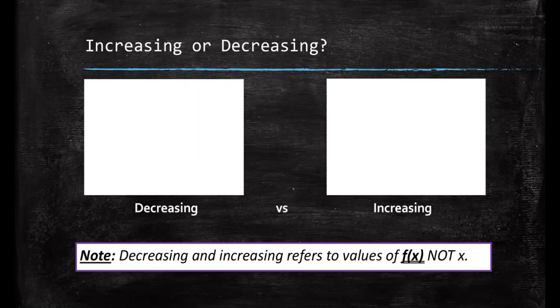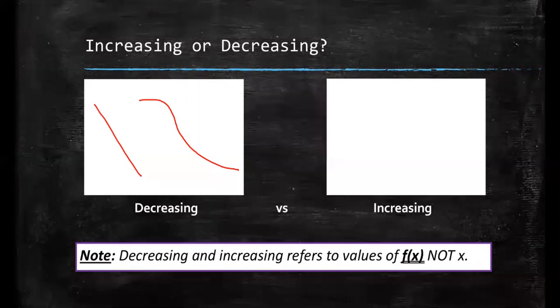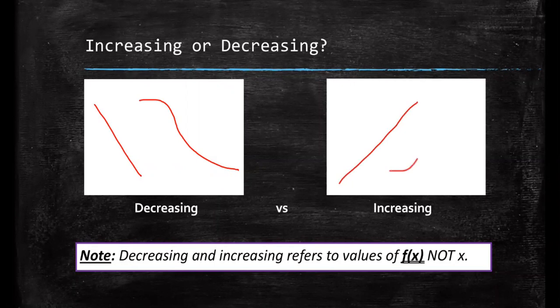As you think about the visualization there, about what does decreasing look like, decreasing can look like a decreasing line, or you can kind of be changing the rate at which you're decreasing. But for instance, that line the entire time is decreasing. Okay, so anything that looks like that, anything that's going down from left to right. Anything that's increasing could be a steady increase of a line, or again, it could be changing how fast it's increasing.